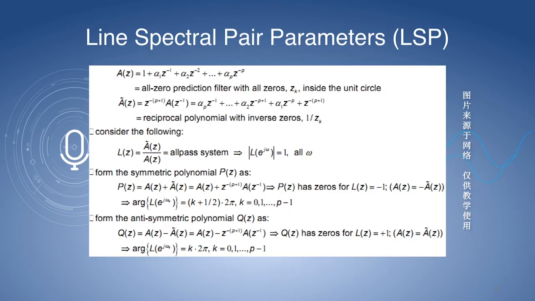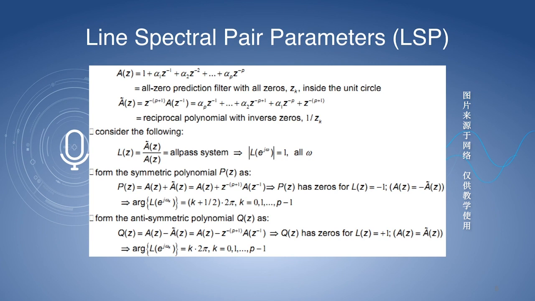The prediction inverse filter, A(z), is an all-zeros filter with all zeros z_k inside the unit circle. We can get another filter, A hat(z), in the form of a reciprocal polynomial with inverse zeros. Based on these two filters, we can form the symmetric polynomial P(z) and the anti-symmetric polynomial Q(z).